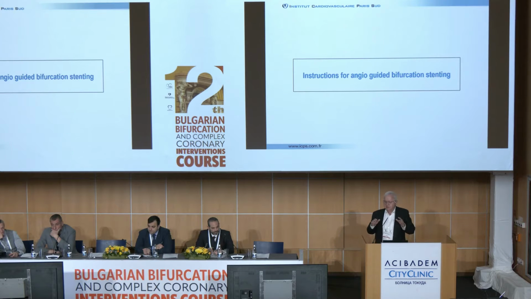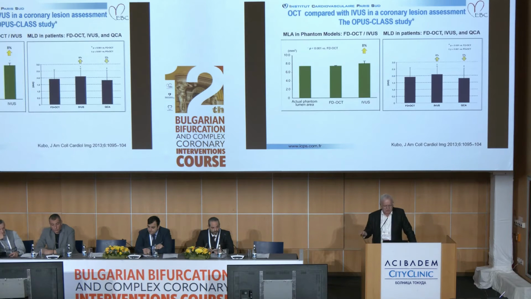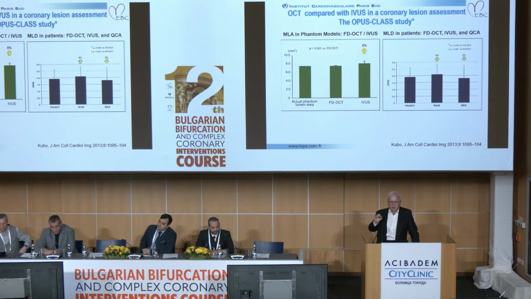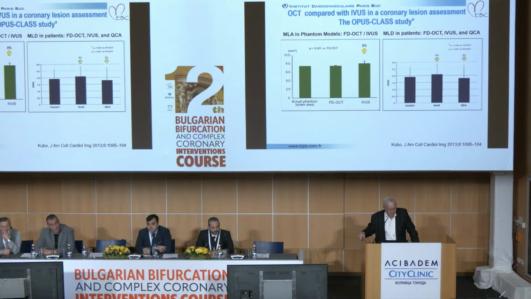So what is behind what we have learned from IVUS in order to use coronary angiography better, and especially different kinds of QCA? This is what I try to explain now. It was shown already, but on the left, this is a measurement of a phantom, which was produced in plastic, measured with OCT and IVUS.